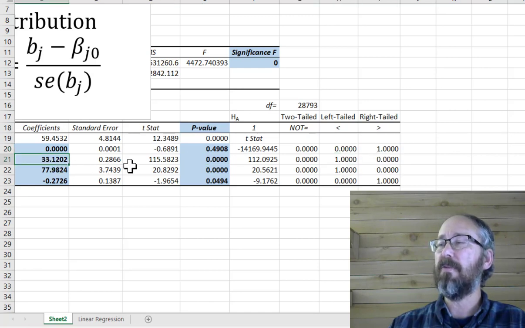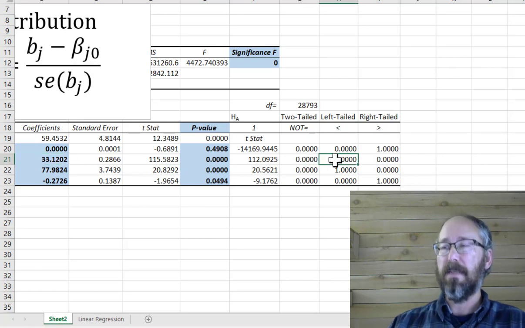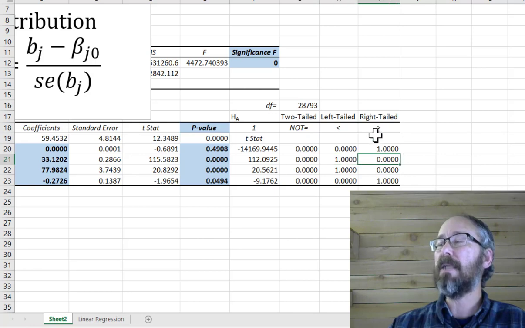This is at 33, and intuitively it makes sense that it's hypothesized that it's less than 1, and so, no, that's not significant for this left-tailed t-test. And here, it's hypothesized that it's greater than 1, and so, yes, that is significant at the 5% significance level.